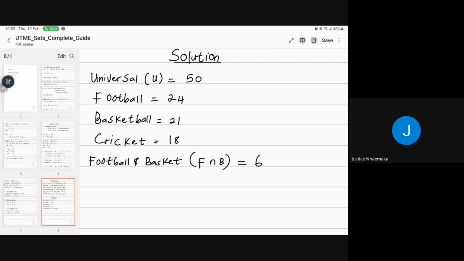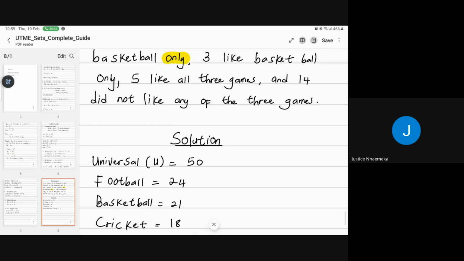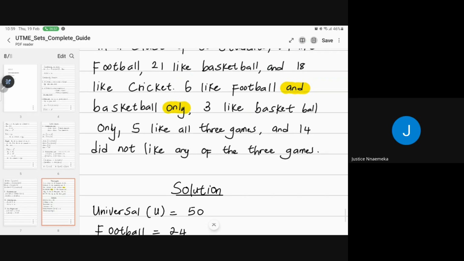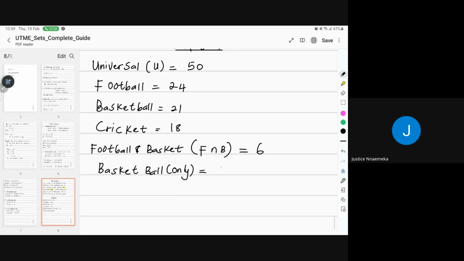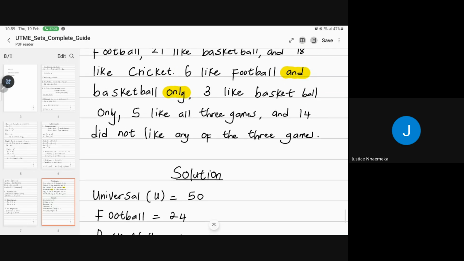Now the next information I have is that 3 like basketball only. That word only is very important. So basketball only will have 3. Now the next information is that 5 like all the 3 games.